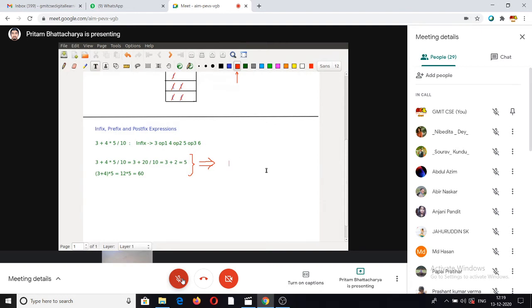For this one, the postfix expression will be, so this is how it looks like. Now, for us humans, it's not immediately obvious how we should evaluate this. So I'll come to that.